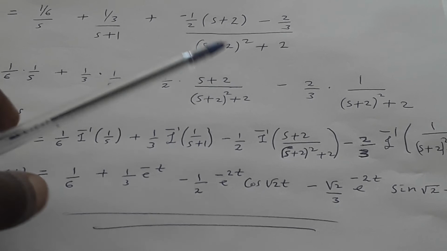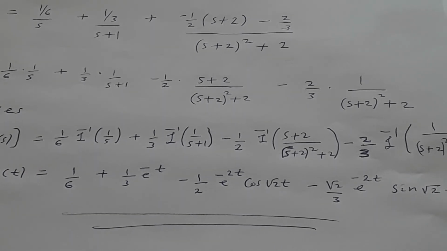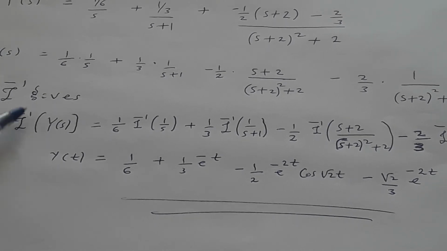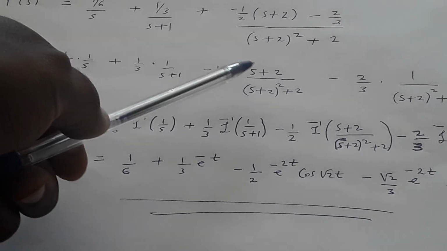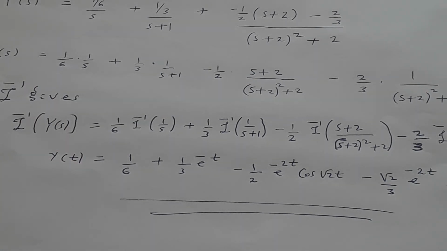The individual terms should be returned back by the reverse process. So the Laplace inverse of Y(s) is y(t). The constant 1 over 6 can be moved out using the linearity property, because the inverse Laplace transformation also has a linearity property.